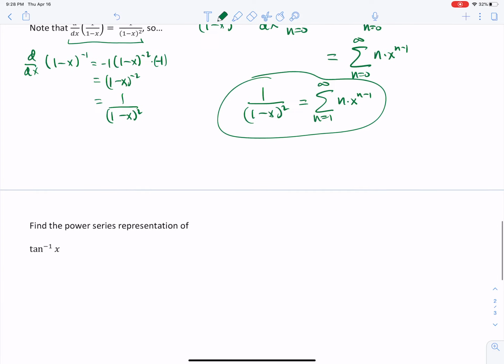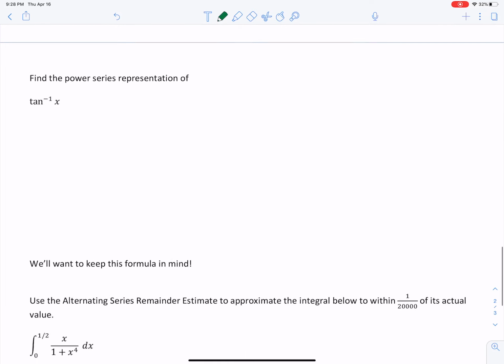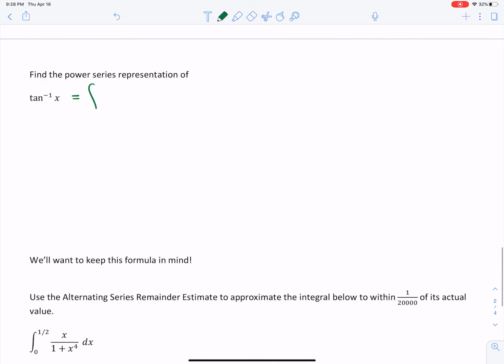Now I've got two examples involving integrals. One is our old friend, the inverse tangent function. And so hopefully we remember that the inverse tangent is the antiderivative of 1 over 1 plus x squared.